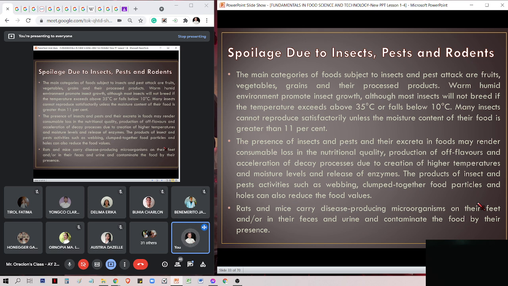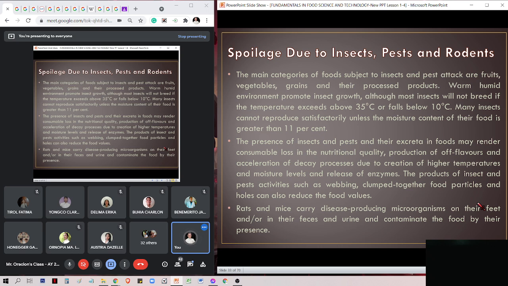We have here spoilage due to insects, pests, and rodents. The main categories of food subject to insect and pest attack are fruits, vegetables, grains, and their processed products. Warm, humid environments promote insect growth, although most insects will not breed if the temperature exceeds 35 degrees Celsius or falls below 10 degrees Celsius.